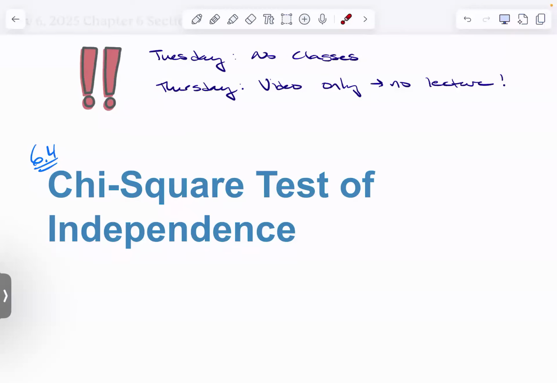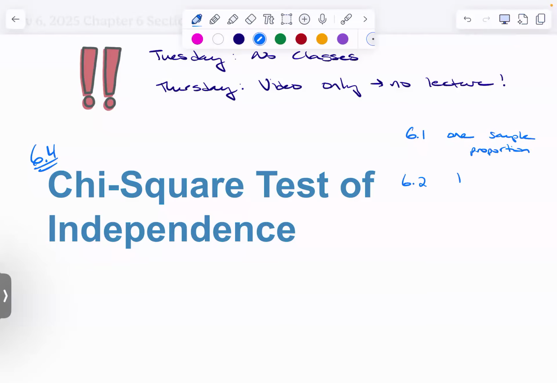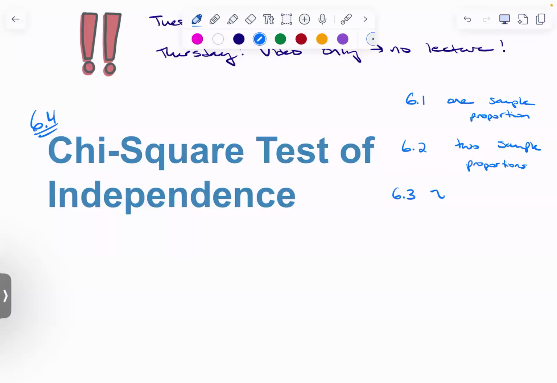I could do a little summary down here. 6.1 is one sample proportion. 6.2 is comparing two sample proportions. 6.3 was the chi-squared goodness of fit test.